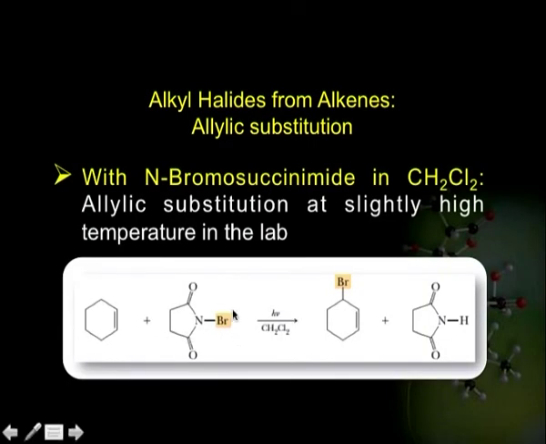So, this alkene when reacts with N-bromosuccinimide, we get the allylic substitution and we get succinimide as a result.